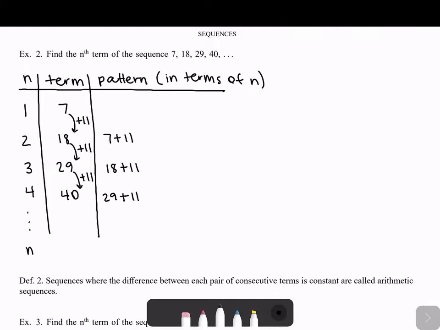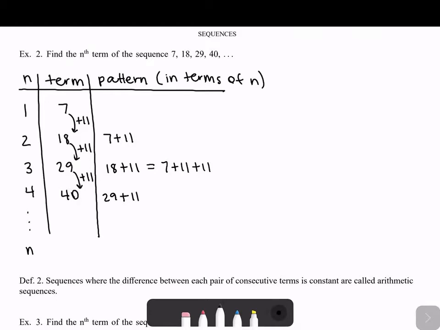So our second term, we have 7 and we add 11 once. So now to get to our third term, instead of writing it as 18 plus 11, we can write it as 7 plus 11 twice, since we went from 7 to 18 and then to 29 again. So we added it twice.